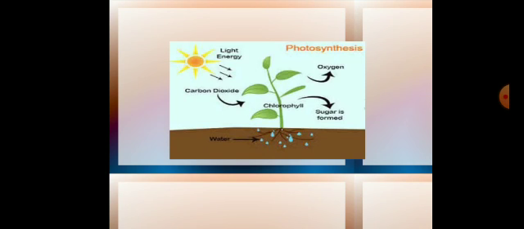The leaf also shows the following adaptations to carry out photosynthesis. First, all green cells have chlorophyll, the photosynthetic pigment, to trap the sun's energy. Otherwise photosynthesis will not take place. Now, chlorophyll is contained in the chloroplast.